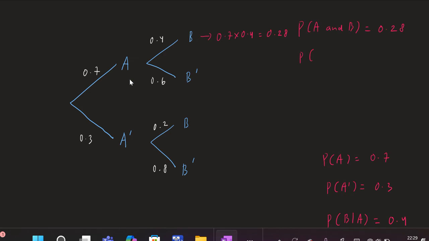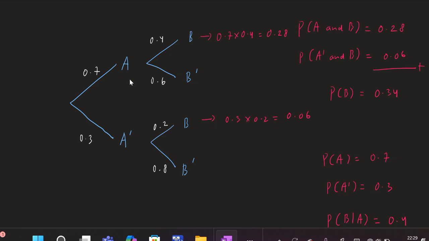How about this? The probability of A prime and B. So 0.3 times 0.2, so 0.06. Okay. So if we add these up, we get the probability of event B. Let's see.